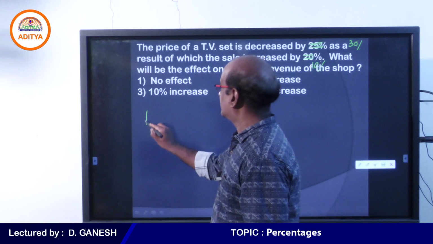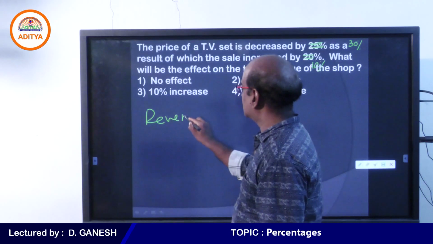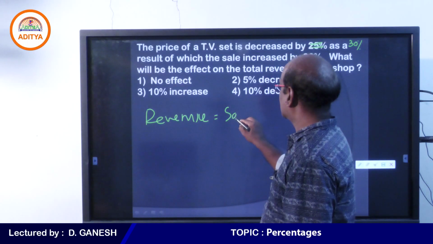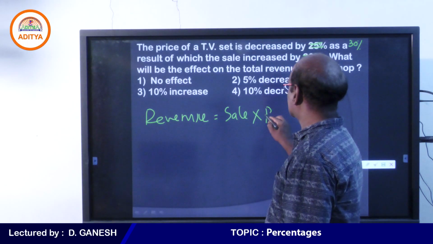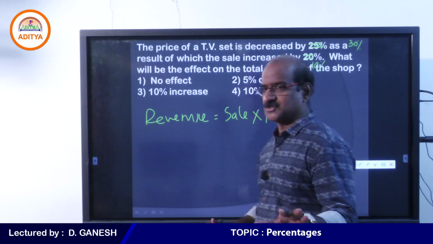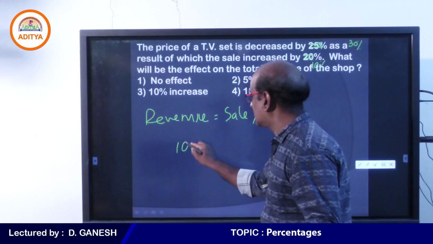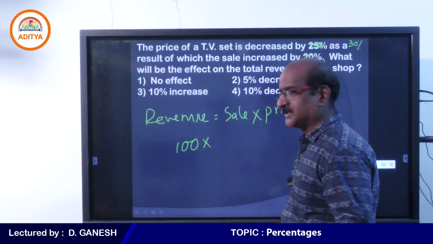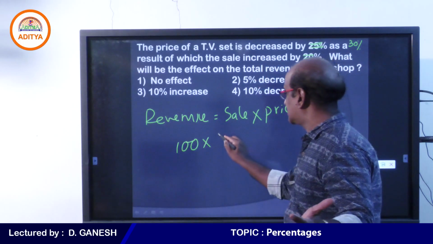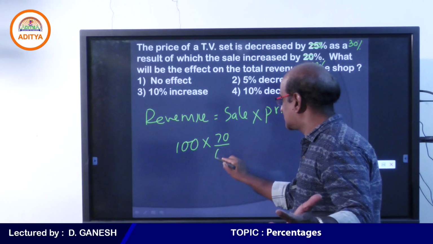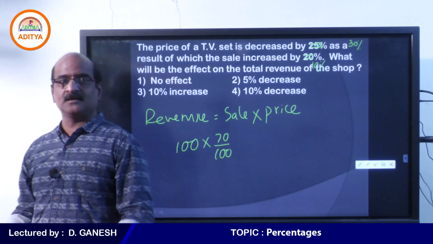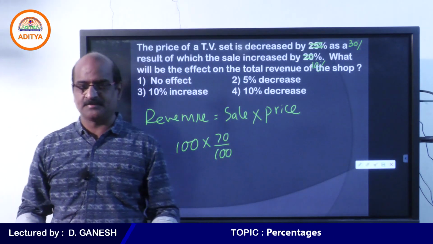As I told you, revenue depends on two things: the sale and the price. So when there are changes in both, obviously there would be changes in revenue for sure. In such a case, we take revenue as 100 because it is in percentage, and we can take any number. Price decreases by 30%, so 70% is taken.